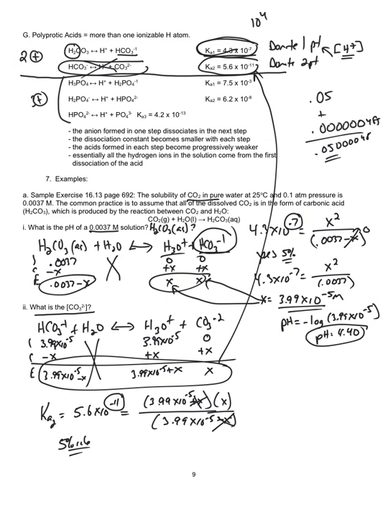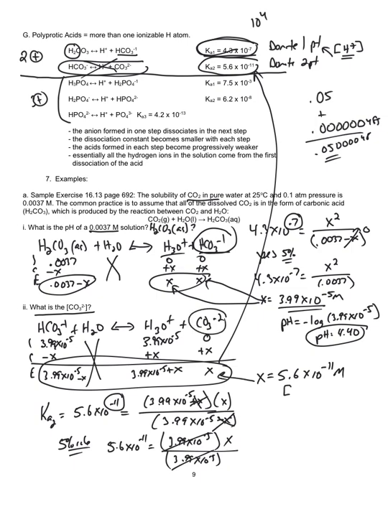So I get rid of both x's, and because I do that, what am I left with? 5.6 times 10 to the negative 11th equals 3.99 times 10 to the negative 5th times x over 3.99 times 10 to the negative 5th. Well, look at that. These two numbers also cancel out because it's the same number divided by itself. With all of that work, I end up getting an x that is 5.6 times 10 to the negative 11th molar. And the value of x does give me the amount of carbonate ion.